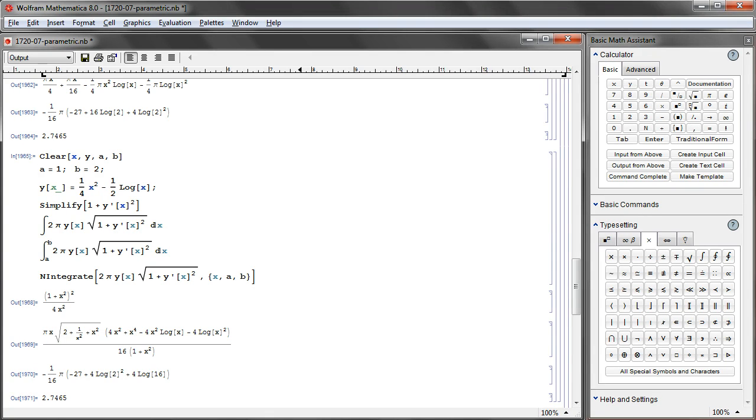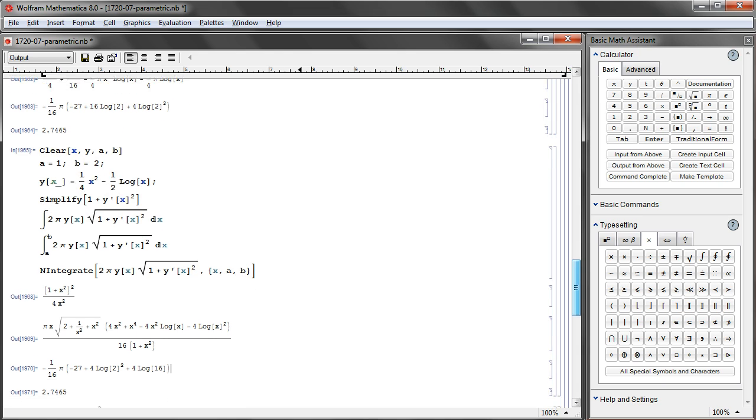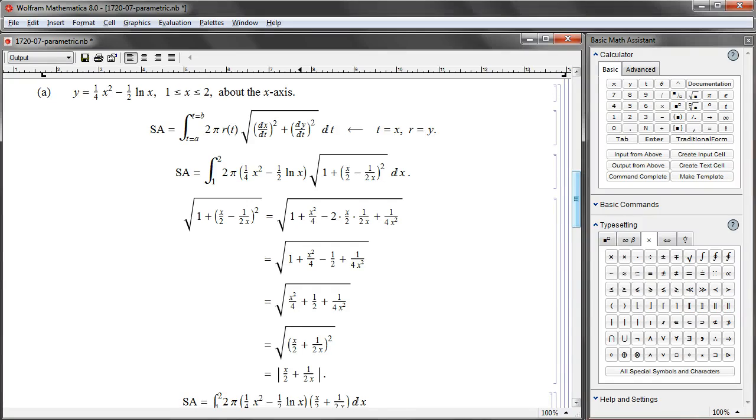And then the antiderivative somehow became like that. That looks very different from what we got over there, because obviously Mathematica used an alternative method. But in the end, we get the same answer as before, and of course, the numerical computation is the same as what we got.